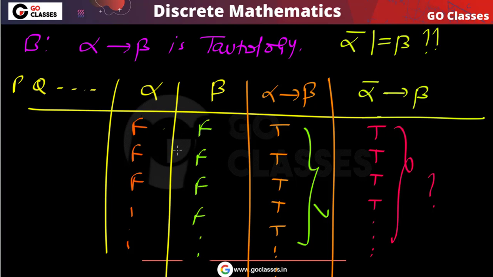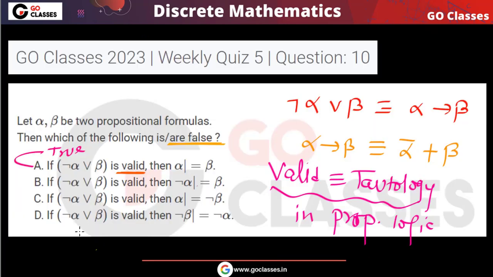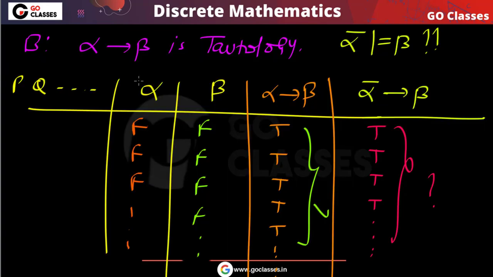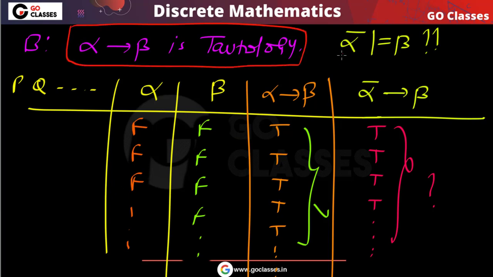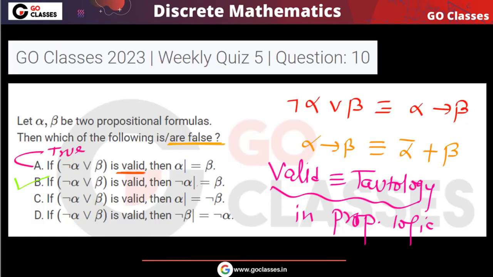False implies false is true, so this is definitely a tautology, but in this situation the other formula will not be a tautology. So option B is definitely wrong. The question is asking which is false. If alpha implies beta is a tautology, it does not mean that alpha bar implies beta will also be a tautology. So option B is definitely false.